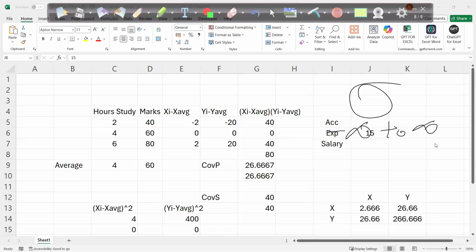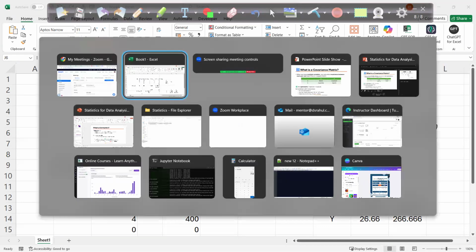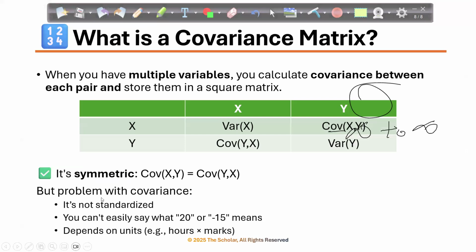Now, what is the second problem? The second problem, if you go back and check, which I already discussed, is that you can't easily say what 20 means, what -15 means, because of the range of -infinity to +infinity. Second is units.